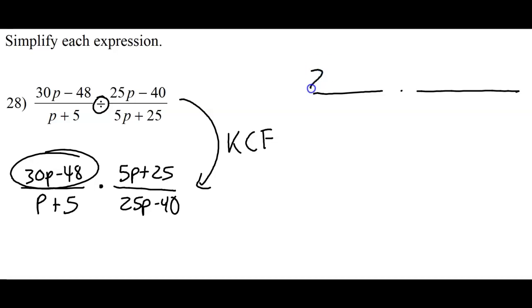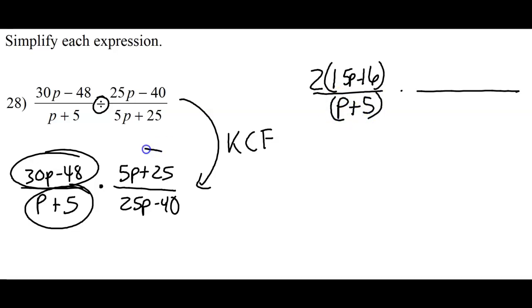So both of those can be divided by 2, which would leave me with 15p minus 16. On the bottom, we have p plus 5. Now, there's no GCF there, and it's not a difference of squares either, so that one's just going to stay the same. But I'll put it in parentheses. This guy here, there's a GCF. I can take a 5 out.